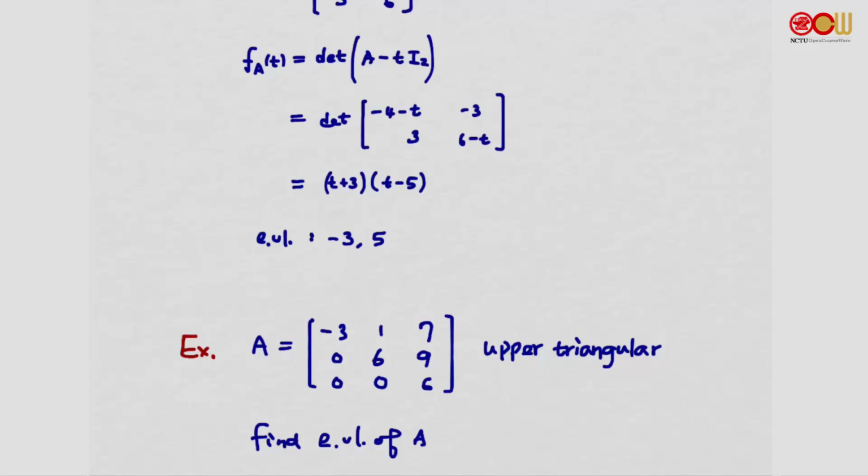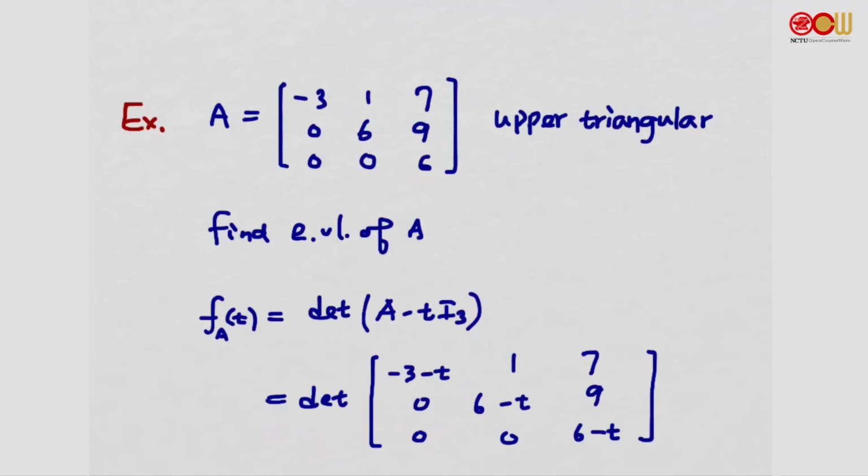Let's try another example. A is this matrix here, and we can see that it's an upper triangular matrix. That's the special thing about this matrix. And we would like to find the eigenvalues of A. So we find the characteristic polynomial, and it's the determinant of this matrix.